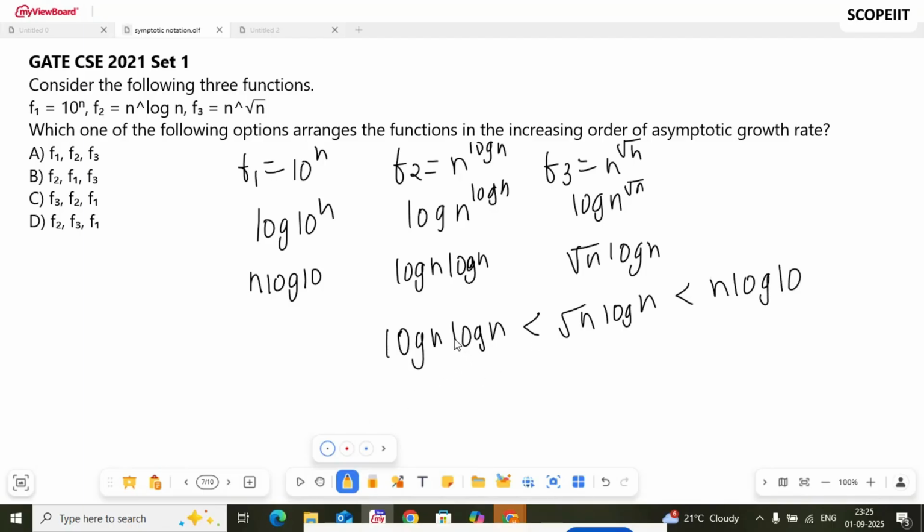What is this first one? This is nothing but your f2. So f2 is less than f3, which is less than f1. The correct sequence of increasing order is f2, f3 and f1. Let us match the options. Yes, the correct answer for this question is option D. Next.